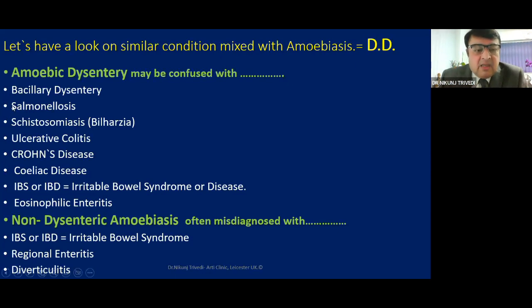So here, salmonellosis, salmonella. I would like to discuss a few things about salmonellosis. I had one white patient, a young girl, having pain in the stomach, and that had caused an intense skin rash. She was doing horse riding, so the family was thinking that because of the hair of the horse, she was developing all this.